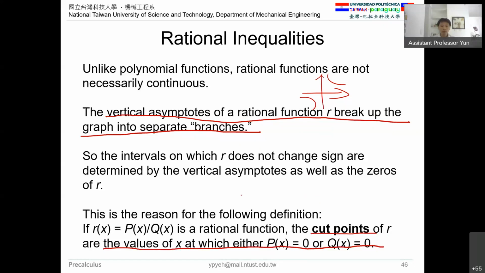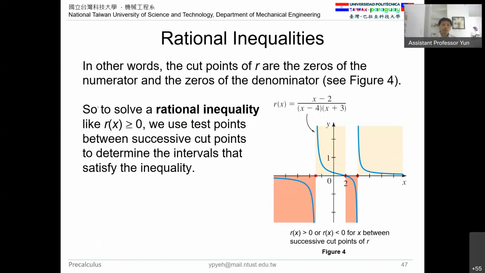So this quite makes sense, r of x equal to certain numbers divided by certain numbers. So in other words, the cut points of r are the zeros of the numerators and the zeros of the denominators, as we see.